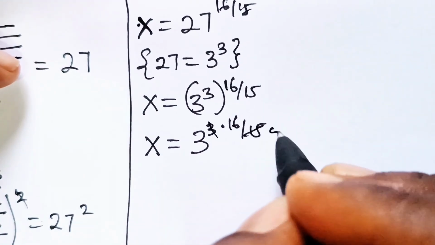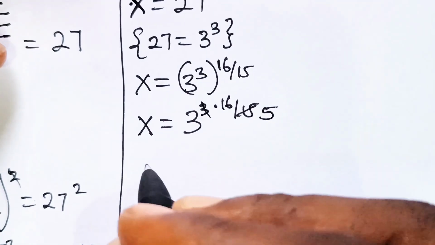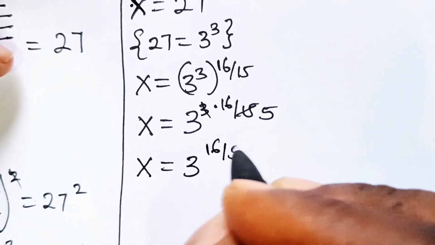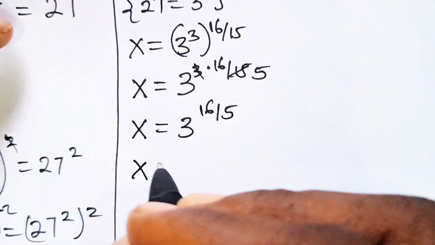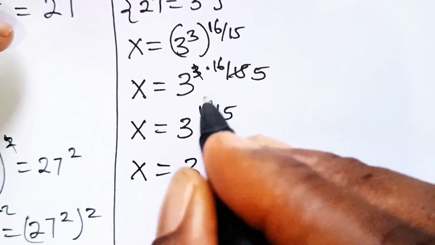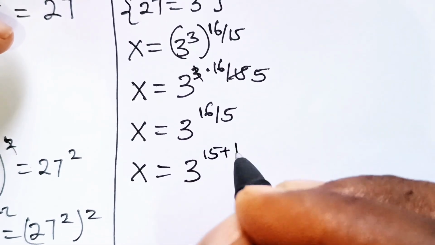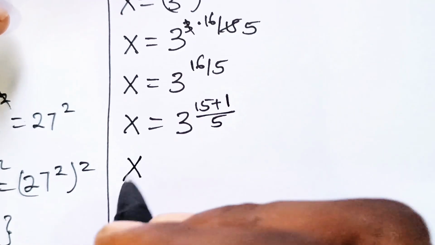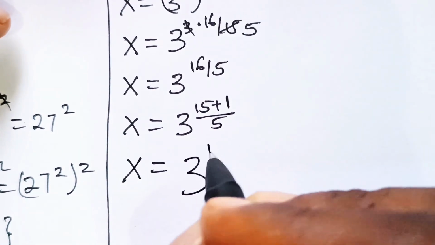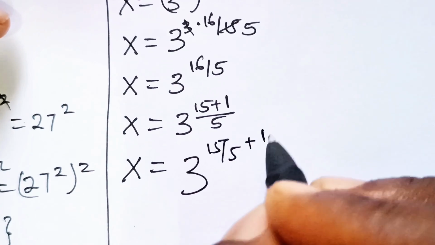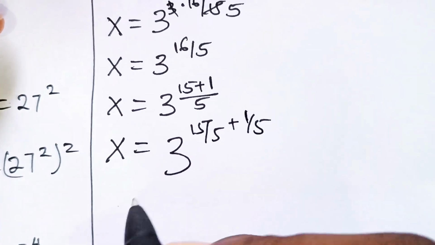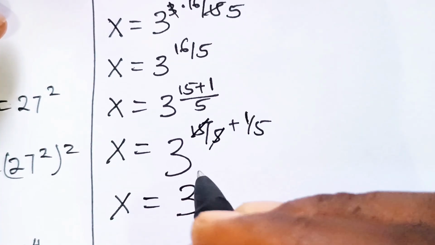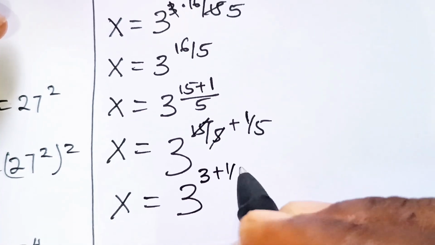So 3 we divide 15, we have 5. So you have x is 3 to the power of 16 over 5. So 16 is the same thing as 15 plus 1, so this will now be over 5. So x is 3 to the power of 15 over 5 plus 1 over 5. So x is 3 to the power of, we divide 15 by 5 to give us 3, plus 1 over 5.